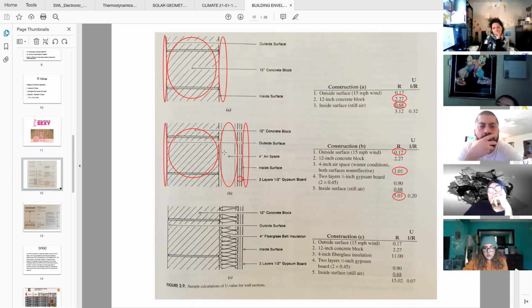Now, the engineers won't sit here every time they do a wall for every single wall in your building. They'll say, okay, what's your assembly? And they'll have a chart of what these values are for a certain wall type with a certain insulation value.